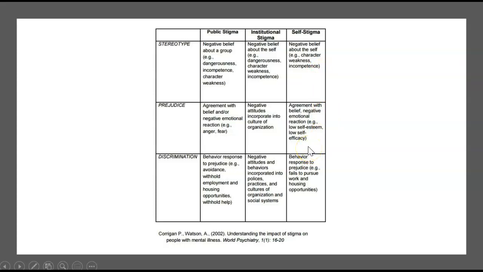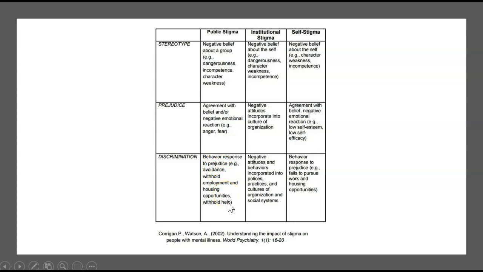So it has that negative emotional valence that, as Corrigan and Watson put it, is correlated with low self-esteem, low perceptions of the ability to be effective in one's world. And then finally, on the discrimination side, and discrimination is a behavior. It's a behavioral response that is most likely tethered to prejudiced attitudes and stereotypical beliefs.